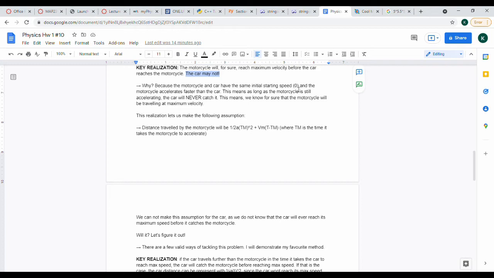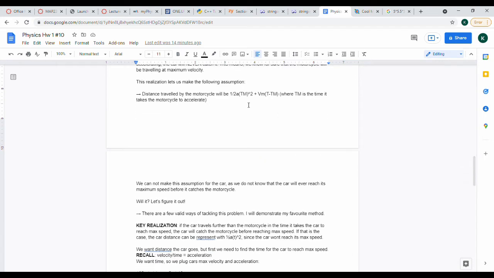So this means that when the car reaches the motorcycle, the motorcycle will have to be going at maximum velocity. That realization lets us make a very powerful assumption. The motorcycle will have a distance traveled when it's accelerating, and a distance traveled when it's going at a constant speed, or maximum velocity.